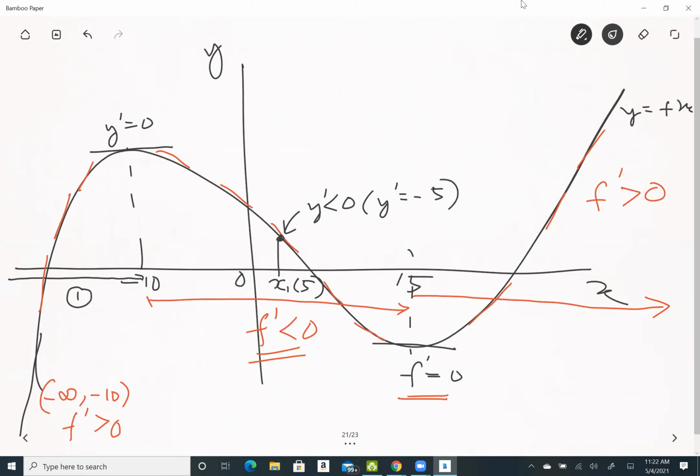So what is the behavior of the y? What can you say about the function? At x equal to 5, or at any point x1, the derivative is negative. Now, if the derivative is negative, if x increases by 1 unit, what happened to the y?